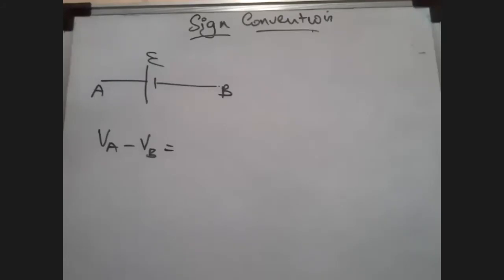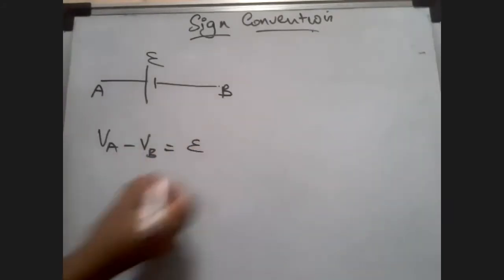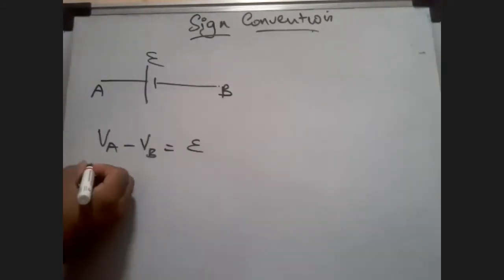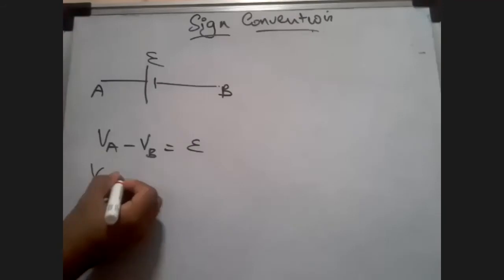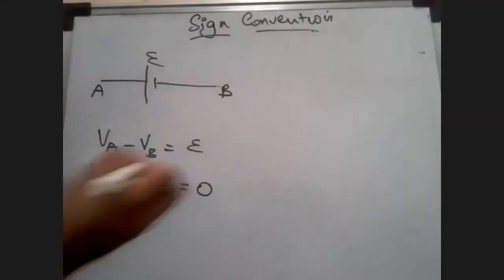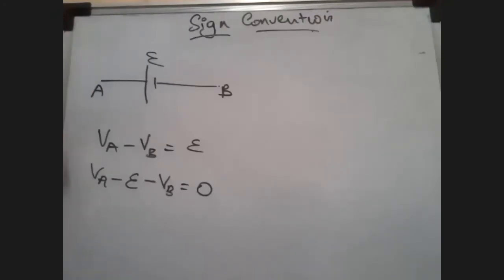It will be positive. But if I have to write it as an equation equating to 0, then how will I write it? Can I just bring this epsilon here? So VA minus epsilon minus VB equals 0. Are both of these same?